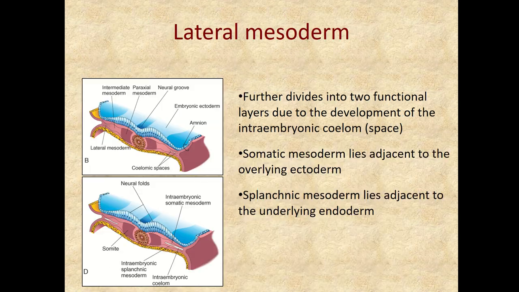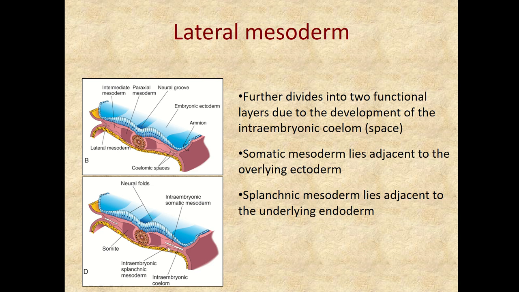And the reason why is because of innervation. Because this lateral mesoderm is separated by the coelom into two layers, it's not just regional where these layers end up being that's important. It's that the actual type of innervation that is attached to the tissue that develops in these two regions is functionally different.